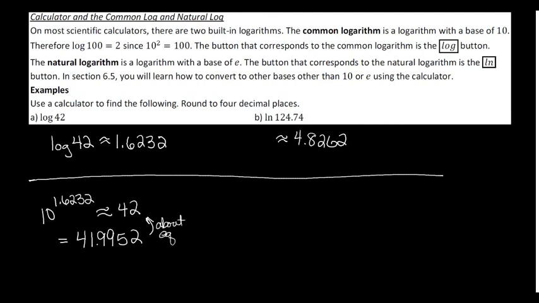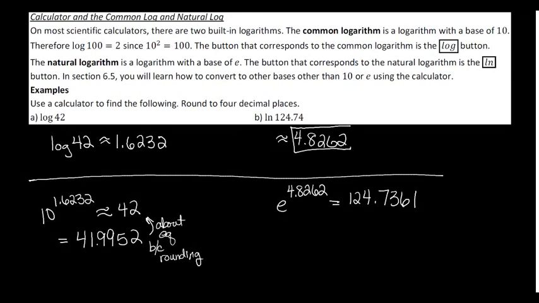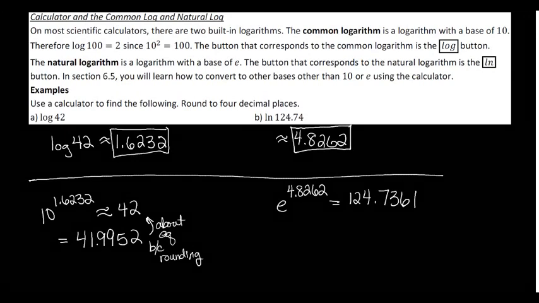And that's about equal because of rounding. And again over here, if I take e to the 4.8262, that is about equal to 124.7361. Pretty close to the 124.74 we originally had. And so that's how you can interpret what the calculator is actually giving you. And that's it for section 6.4.